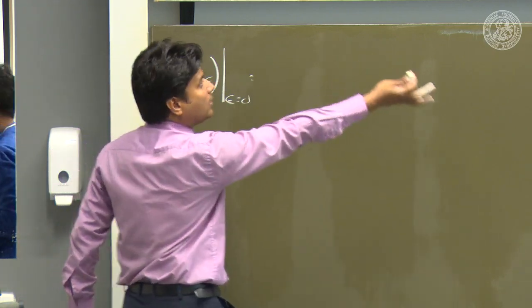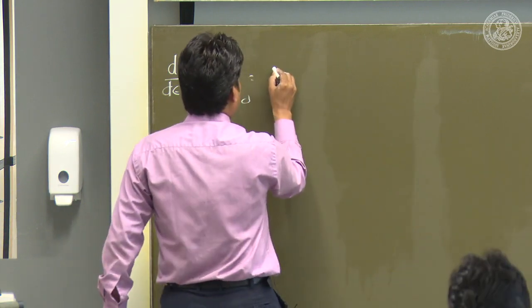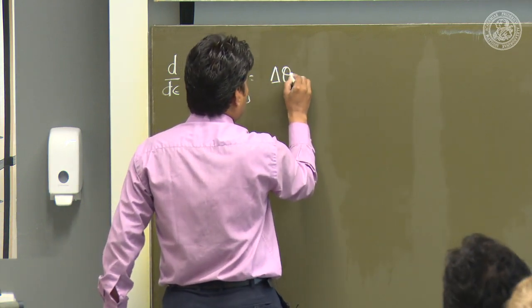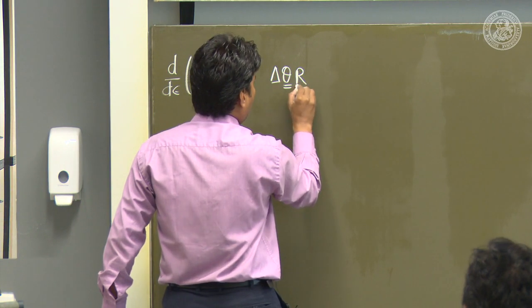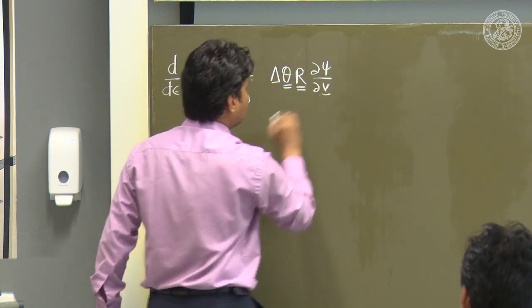Okay, so when we combine all of them together, then we are going to get delta theta times big R times del psi over del v.